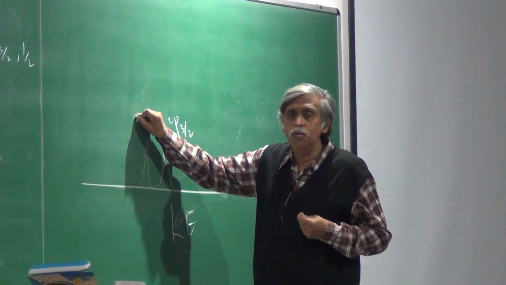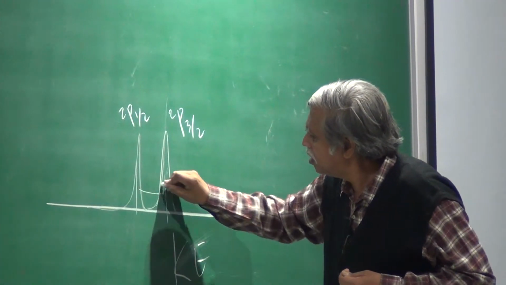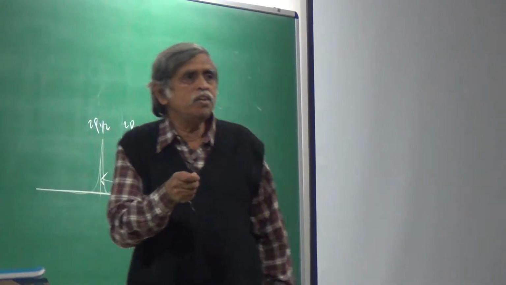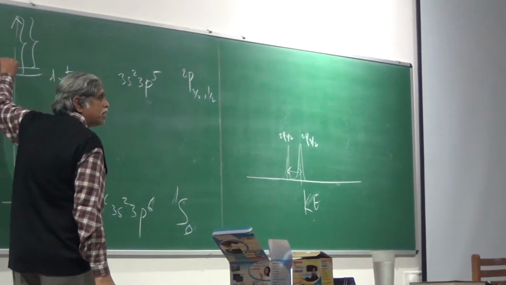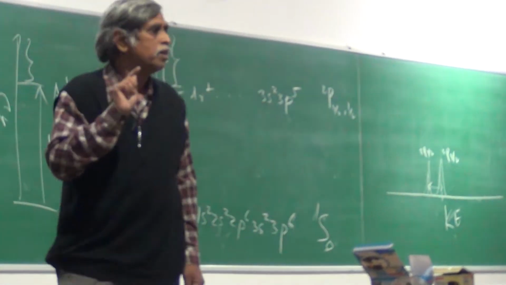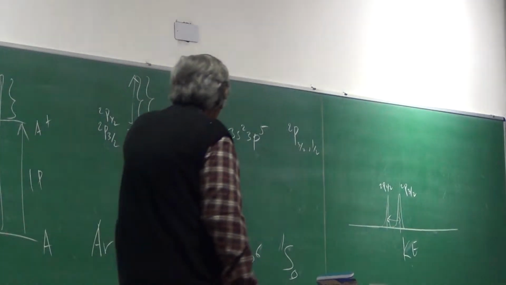And this must correspond to this. And this energy difference, of course, is in energy units. So what does that energy difference correspond to? This corresponds to this split in energy levels. And what is that called? The spin orbit split, or the spin orbit splitting for the given configuration.